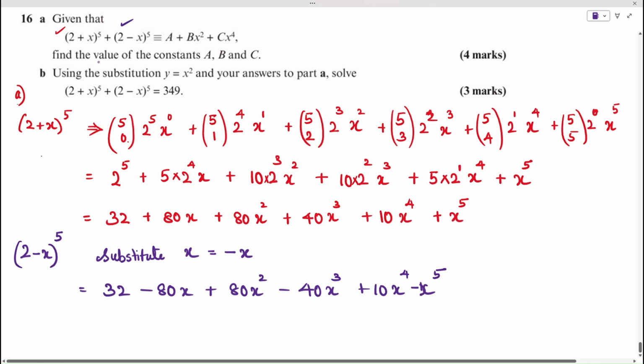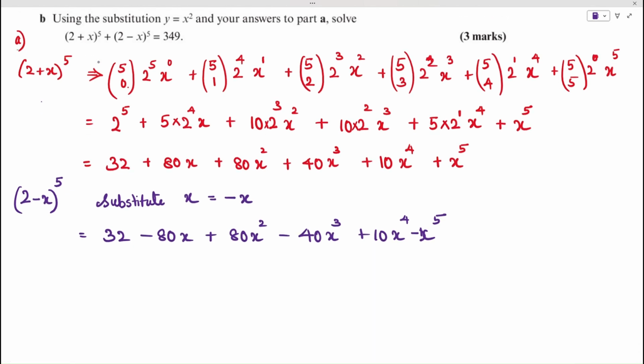Now we're going to add these two together. Even from this place, we can start to cancel out terms that are the same. So we have 32 plus 32, which is 64. And we have plus 80x and minus 80x, which cancel out. Then we have plus 80x squared plus 80x squared, which is 160x squared.